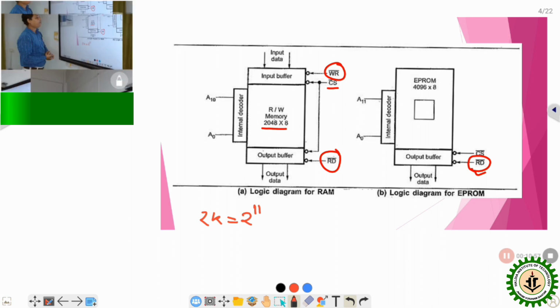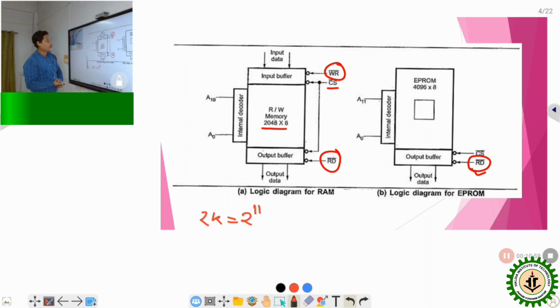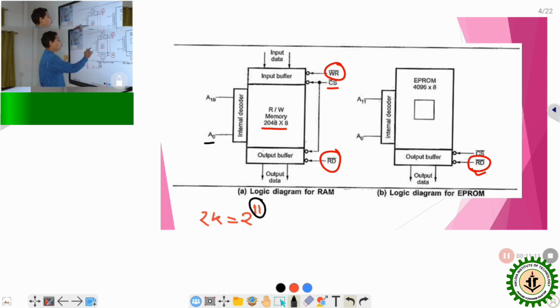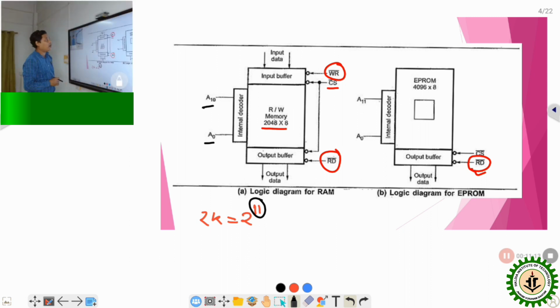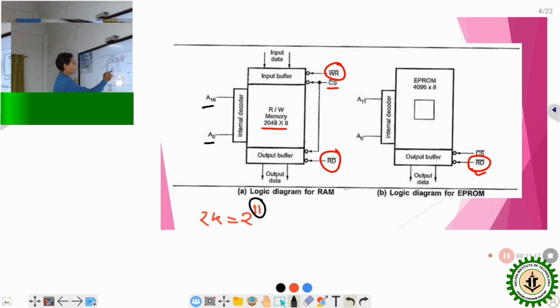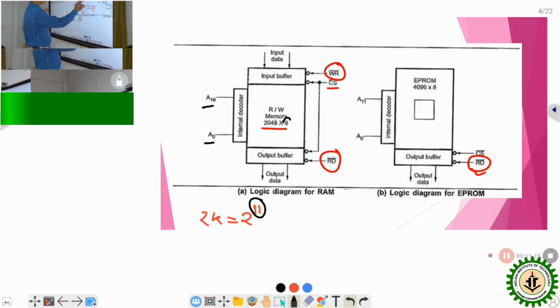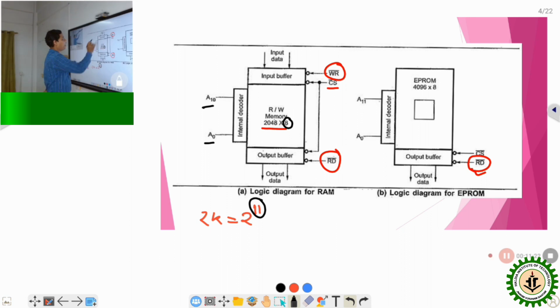So to access this memory, we require 11 address lines. So with the RAM of 2 kilobyte length, A0 to A10, that means 11 address lines, are connected, because each location can store 8-bit data. That's why 8-bit data lines are also present over there.